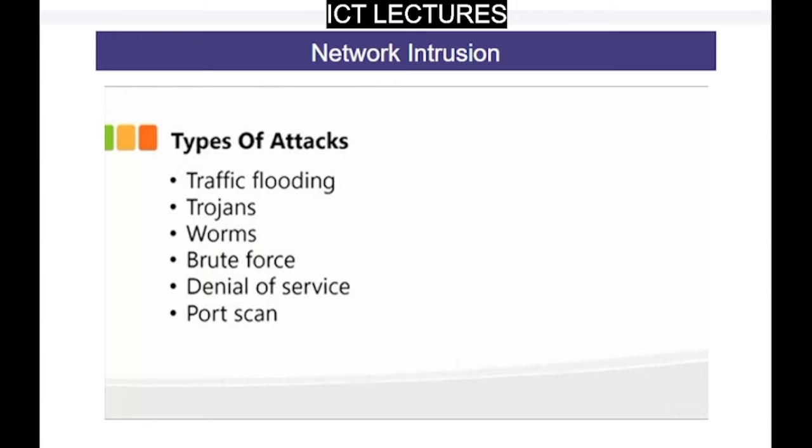Brute force is another type of attack. If the attacker wants to find out the passwords of all the users on the network, they would initiate a brute force attack. Similarly, denial of service. They could attack your network and one of your users would be unable to log in, for example.